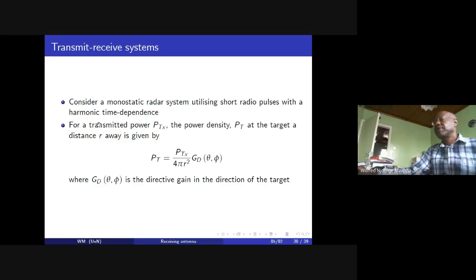So for a transmitted power P_TX, we have the power density P_T at the target given by the transmitted power divided by the surface area of the sphere enclosing the transmitter at the target, multiplied by its directive gain in the direction of the target.